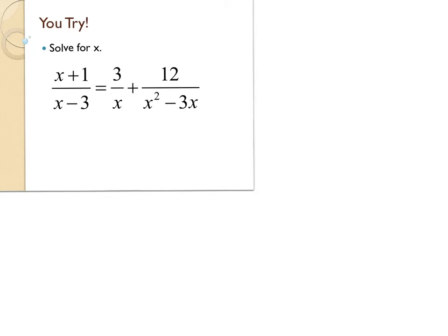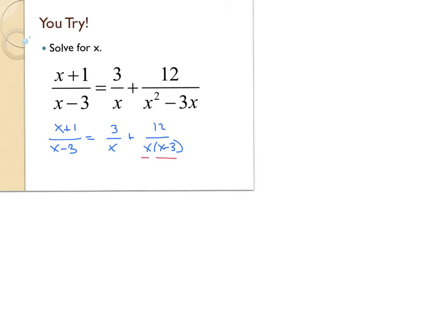But a good rule of thumb is to rewrite our fractions with the denominators in factored form, because then what that tells us is we have to have an x and an x minus 3. That's the common denominator.